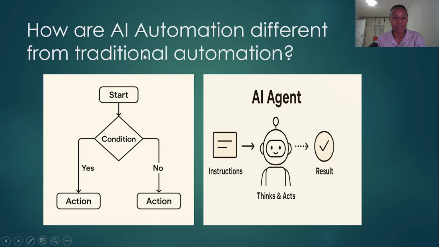And so here we have your AI automation and your traditional automation. How are they different? This is your traditional automation.